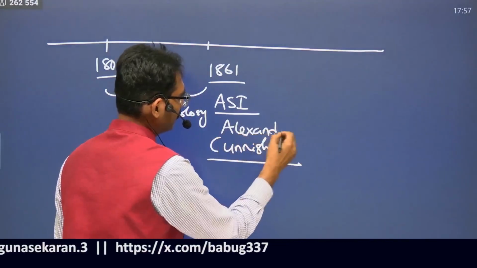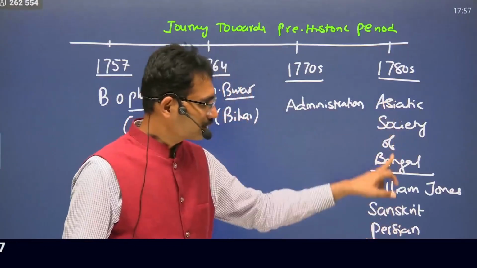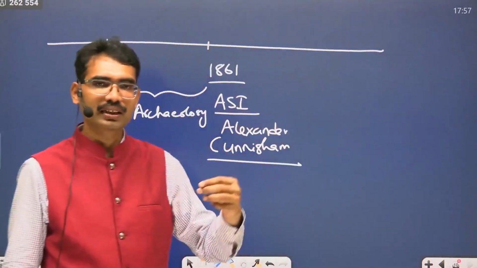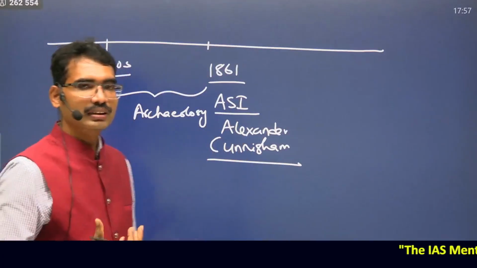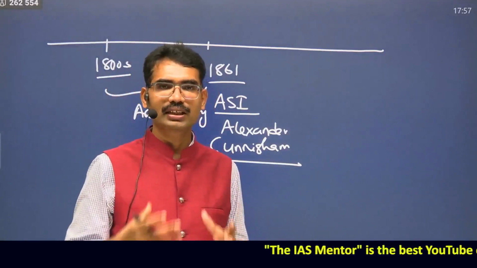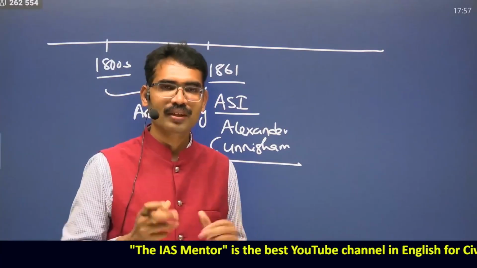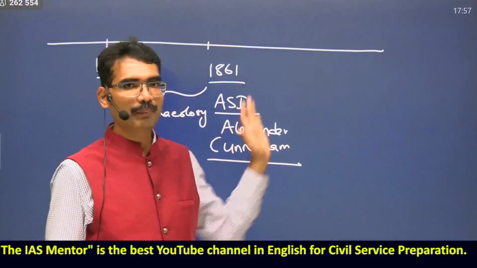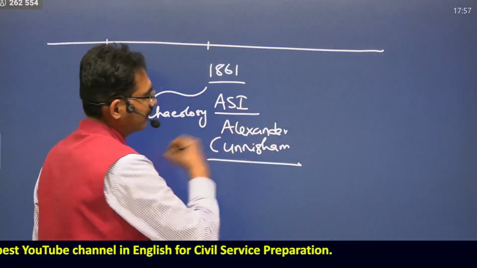Already we have seen one person earlier, William Jones. Remember this. Asiatic Society of Bengal, William Jones. This is written. But there is history hidden beyond this literature that came only with exploration of different areas by recording various monuments, various scriptures, whatever is written on the walls, various details from hidden treasures beyond existing literary sources. 1861.